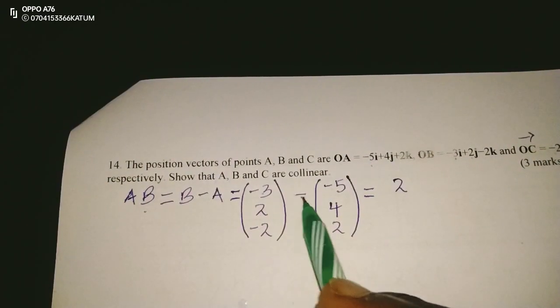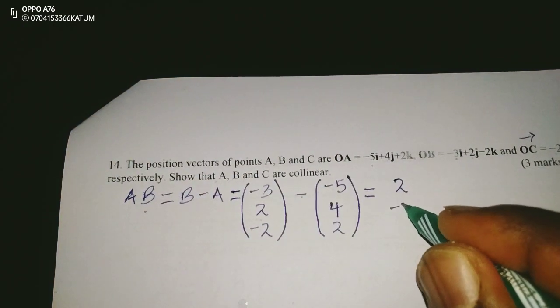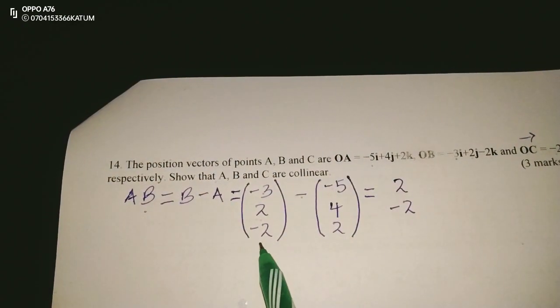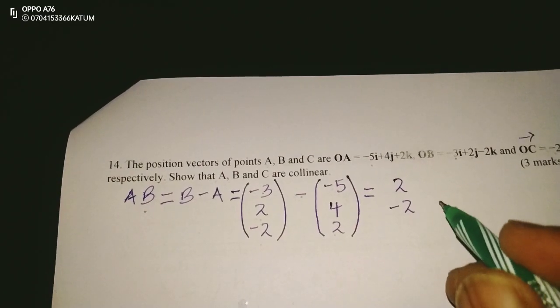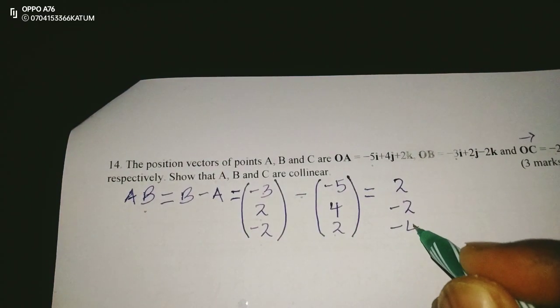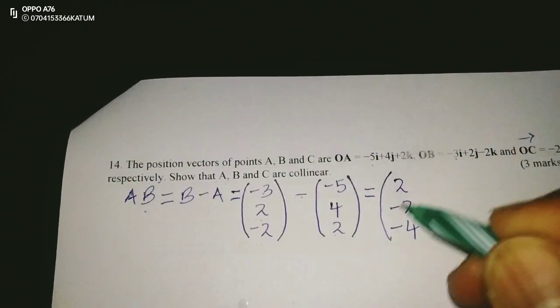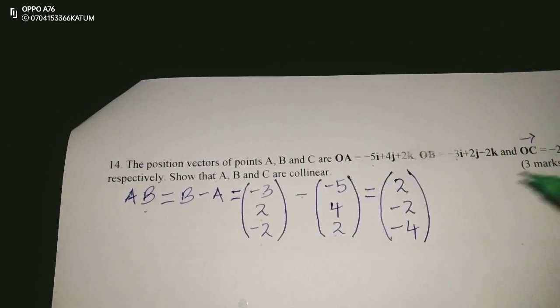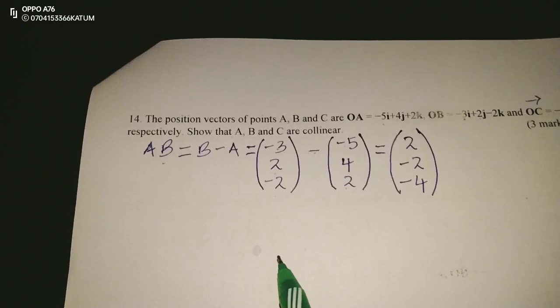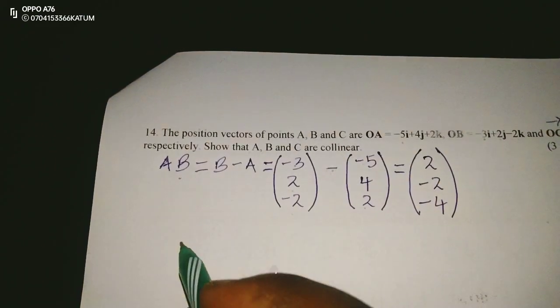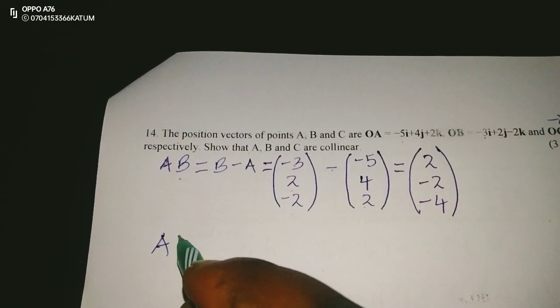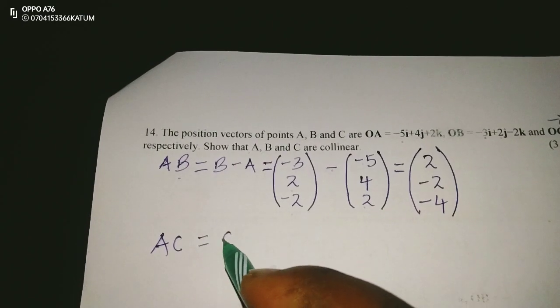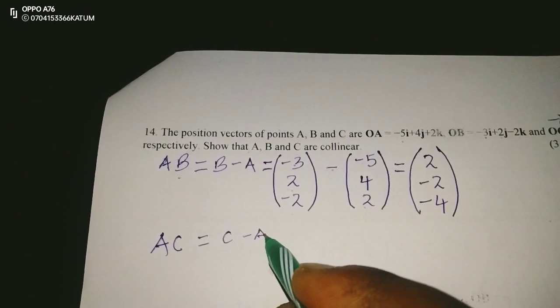Then we go 2 - 4, this becomes -2. Then we have -2 - 2, that becomes -4. So that is vector AB = (2, -2, -4).